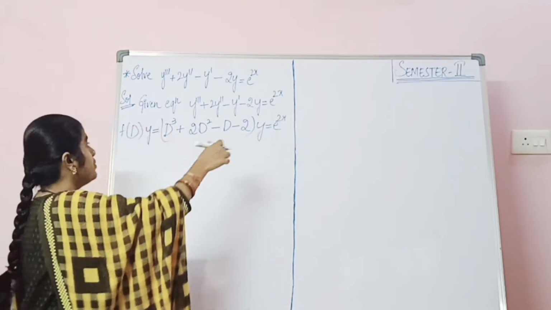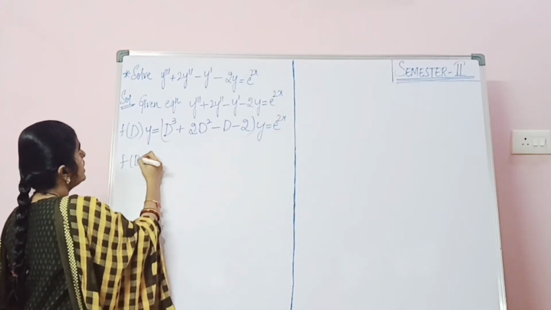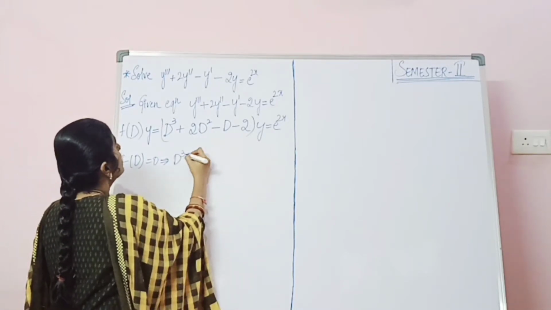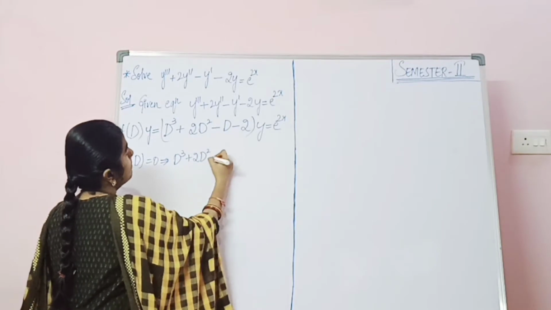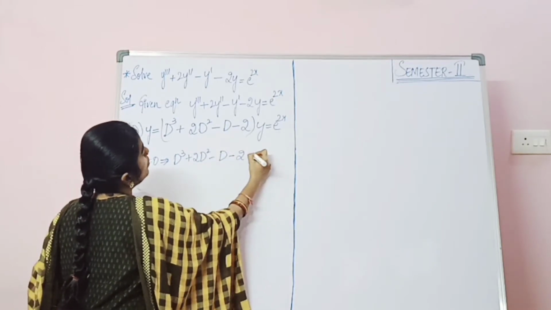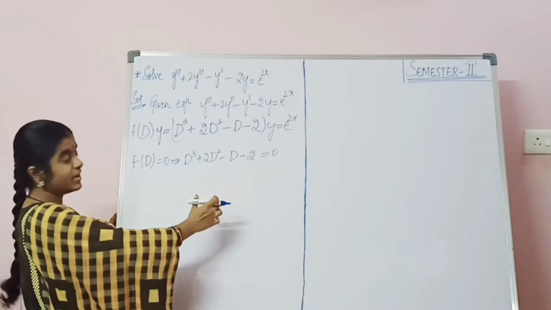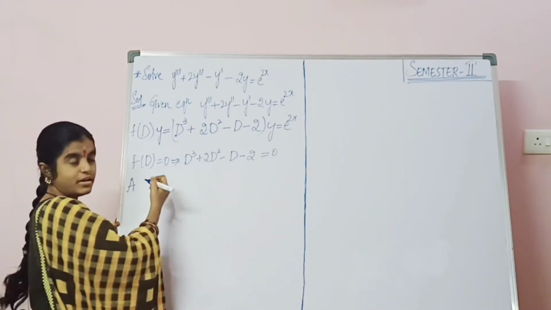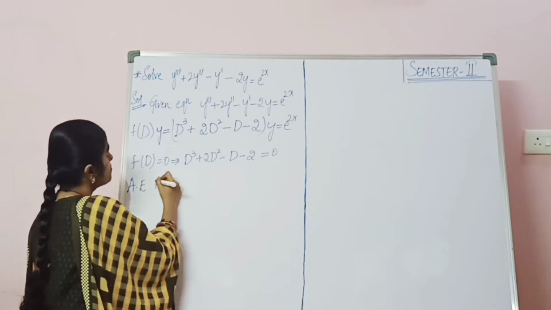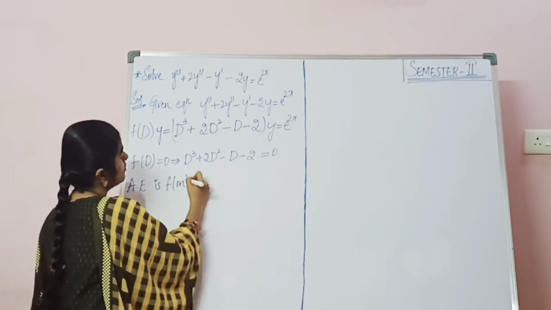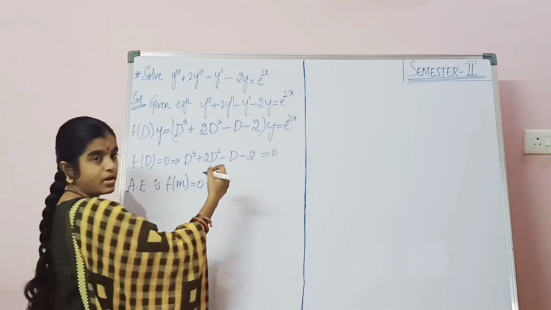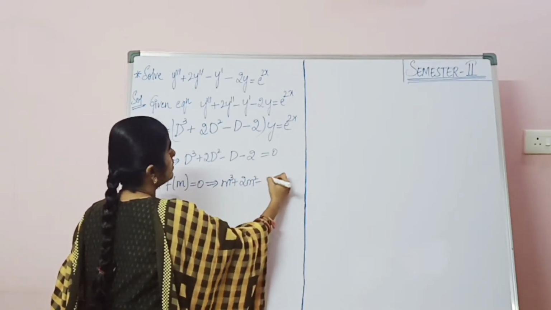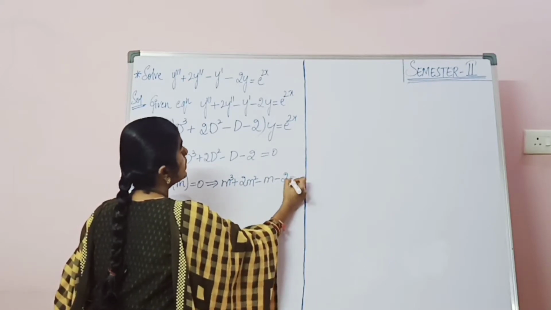So f of D equals 0 implies D cube plus 2D square minus D minus 2 equals 0. After operator form, we write the auxiliary equation, f of m equals 0, so m cube plus 2m square minus m minus 2 equals 0.